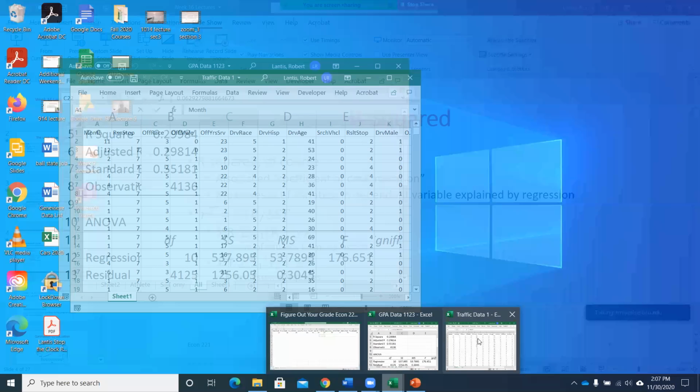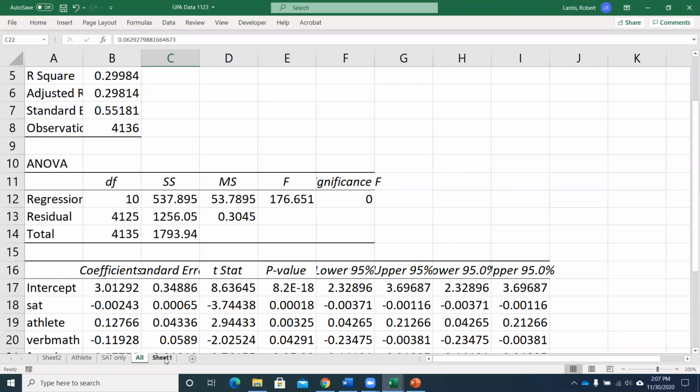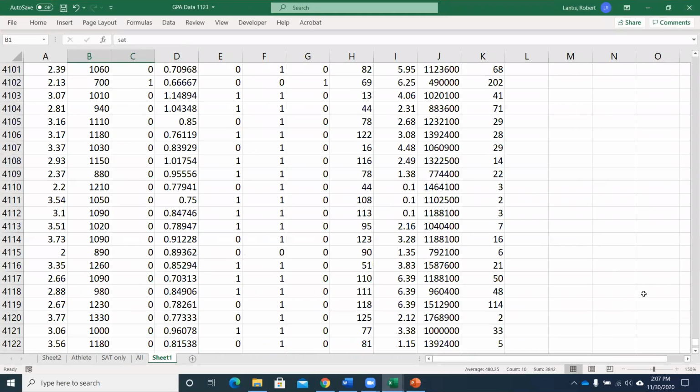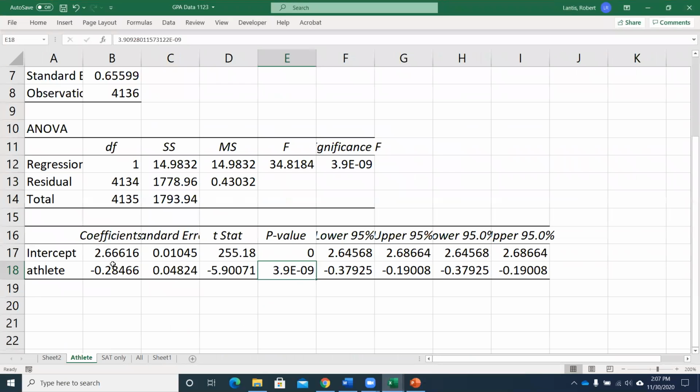Just as a reminder, let's take a look at that GPA data that we were working with last class. We had some information on students, their GPA, and some other things. If we run a simple linear regression with GPA and athlete, which we did last class, a 1-unit change in athlete is a 1-0 variable, going from being a non-athlete to being an athlete.